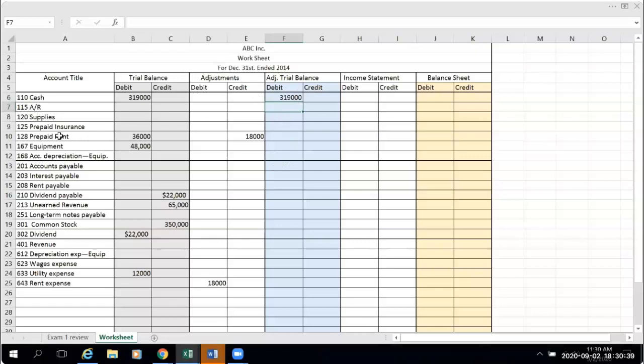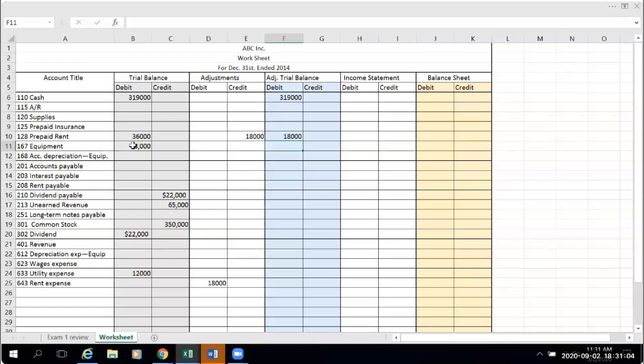Prepaid rent, how much will we have if we adjust it for 18,000? So here we go, equals to 36,000 on the debit side minus $18,000 adjustment on the credit side. So therefore the prepaid rent will end up to be $18,000.